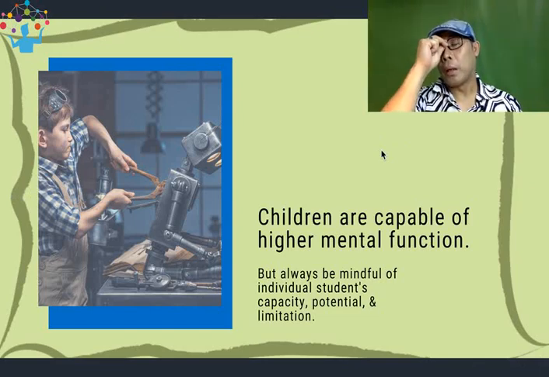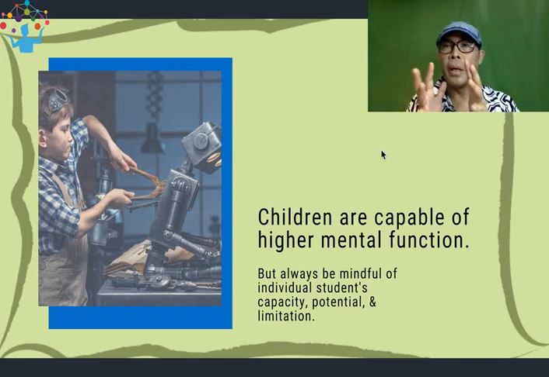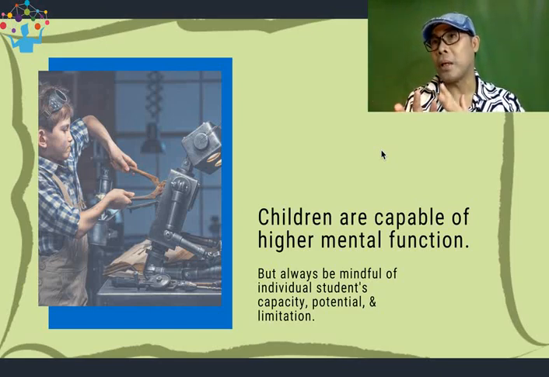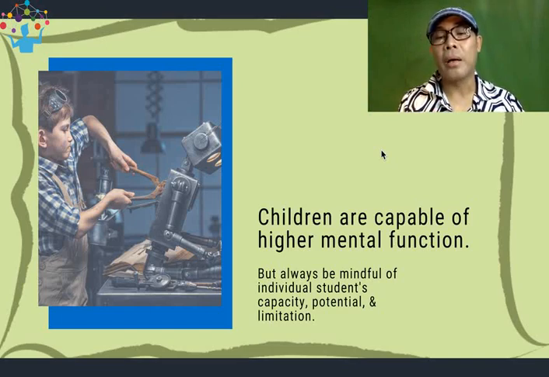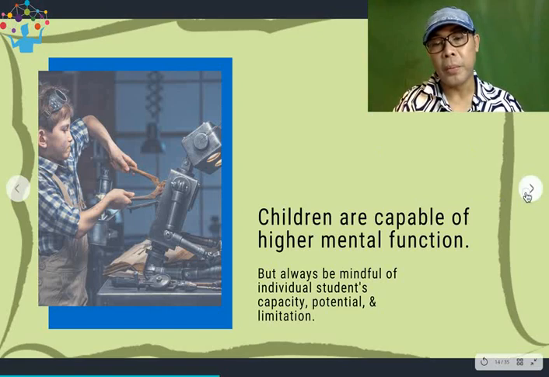Even when we are looking into providing children a more sophisticated goal, we also have to remember that each child in the classroom has their own unique capacity, potential, and limitation. Remember, we have been talking about that in the previous module.